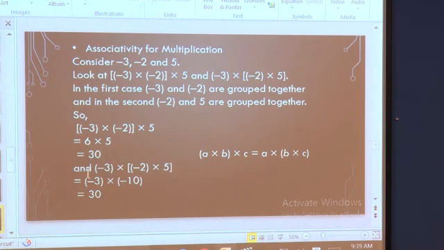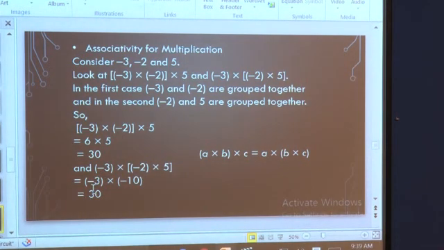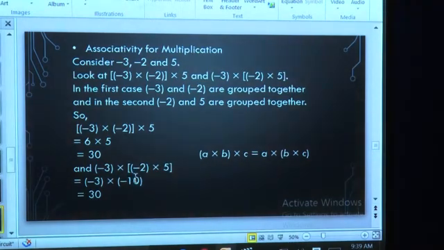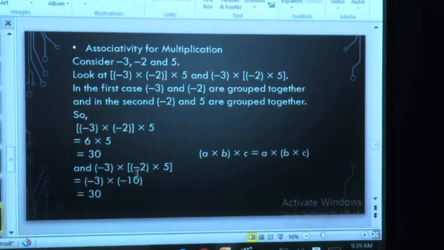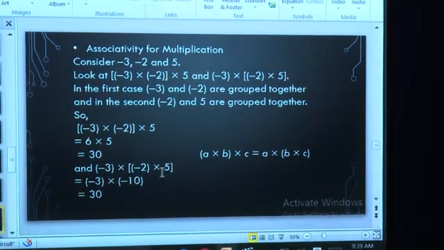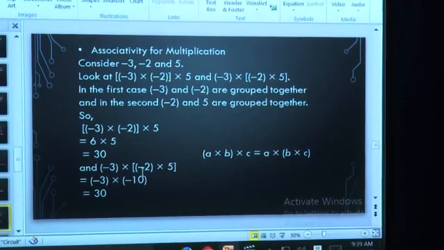And -3 into -2 into 5: here I have done the grouping of a whole number and a negative integer. I will solve this first bracket. I have written -3 as it is, and solve this bracket: -2 into 5 means 2 5s are 10, and it is minus, so I have written -10.